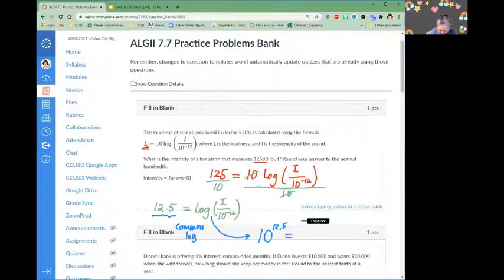is I over 10 to the power of negative 12. Then next step, in order to isolate I, you multiply 10 to the power of 12, negative 12, to both sides.